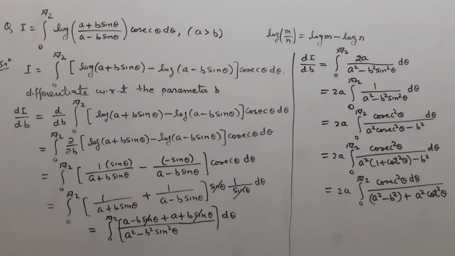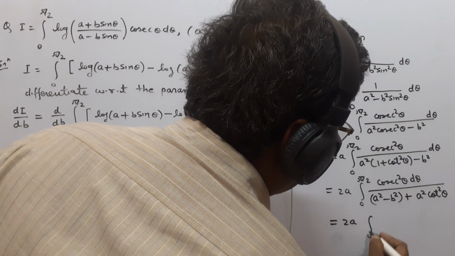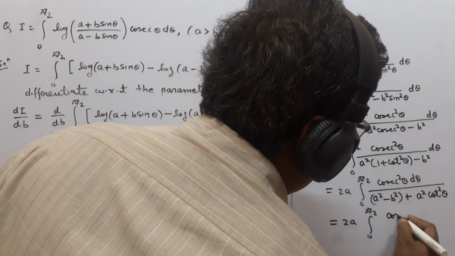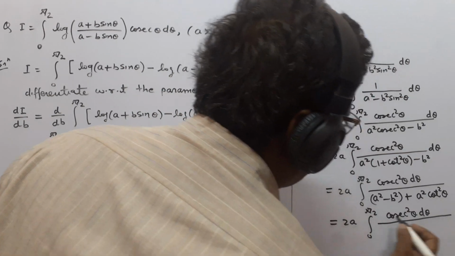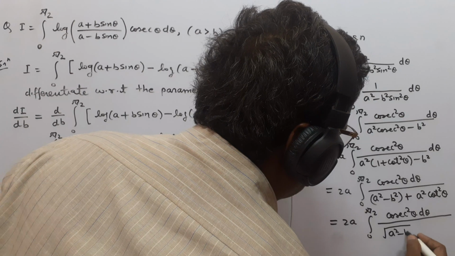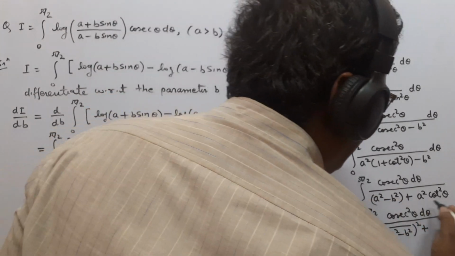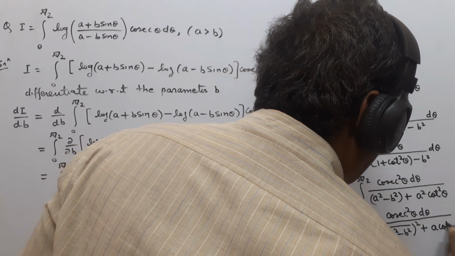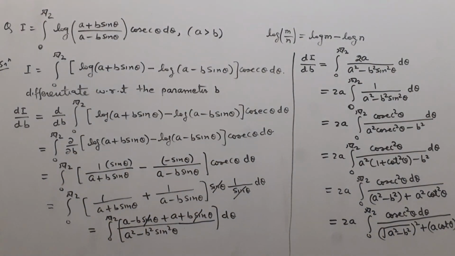Now we can write this 2a 0 to pi by 2 cosec square theta d theta divided by, here a square minus b square can be written as under root a square minus b square whole square, and this a square cot square theta can be written as a cot theta whole square.